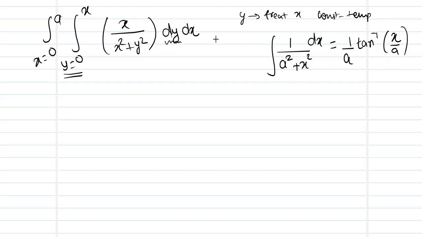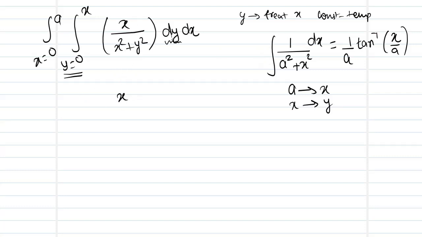Now the variable is y over here and the constant is x over here. So wherever you have a in the formula, replace it with x, and wherever you have x in the formula, replace it with y. X is already present, a constant which we did not disturb.